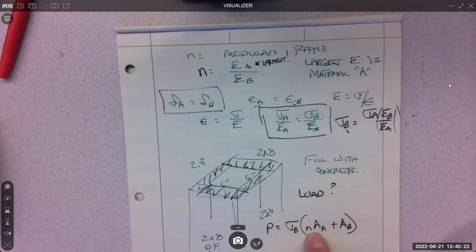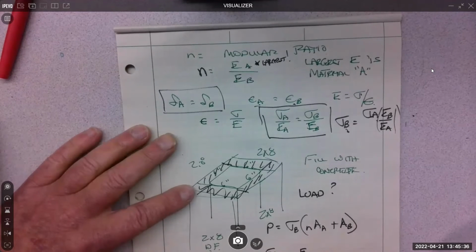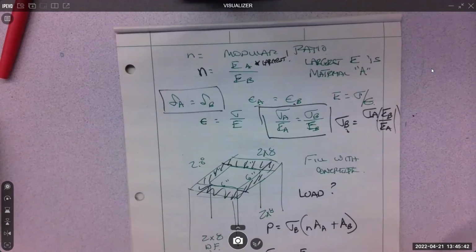Then I need the modular ratio, which is E_A over E_B. That's going to be E of concrete and E of wood, because concrete's clearly stronger than the wood, so it's going to be the A material.